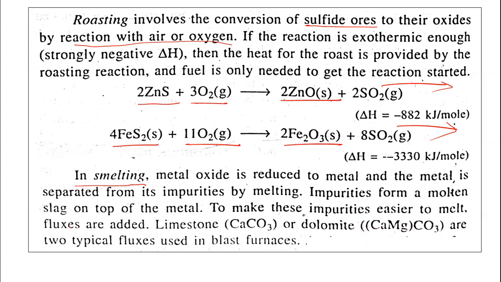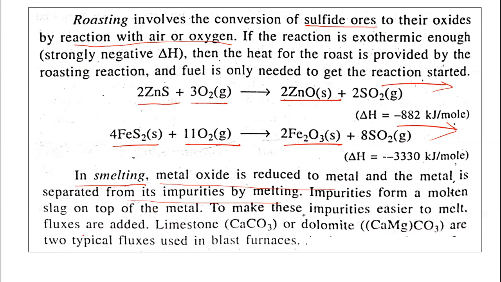In the smelting process, the metal oxide which is obtained in the calcination or roasting process is reduced to metal, and the metal is separated from its impurities by the melting process.